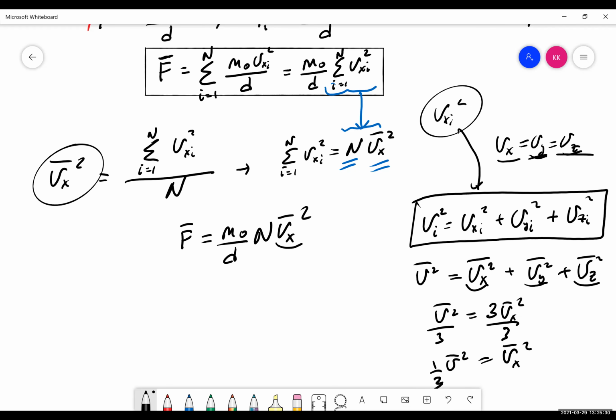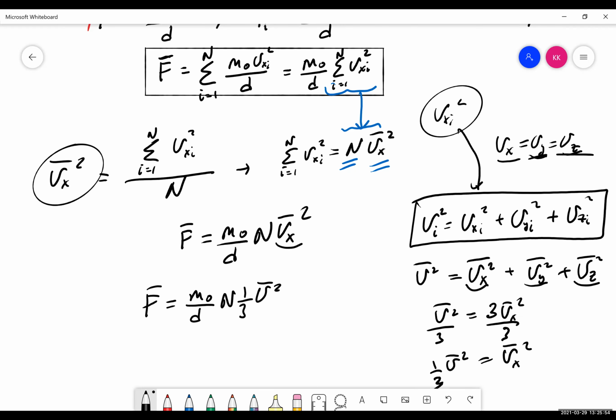Again, more generalizing. So then I can say that F average equals the particle mass over distance, then N times 1/3 of the V average squared. Again, it's not horizontal or vertical, but let's say it's the total velocity vector. All right, so I have this.